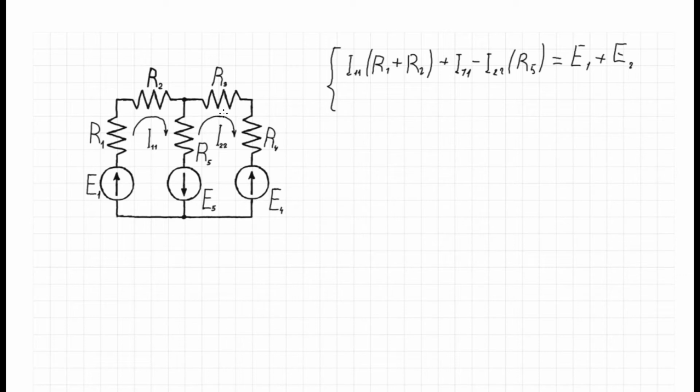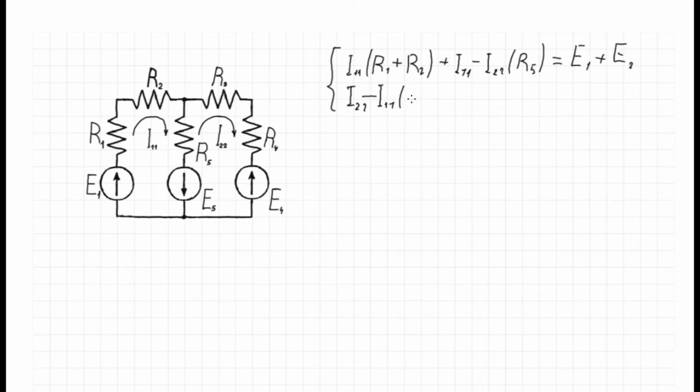I22 with plus sign because it matches the direction, and minus I11 because it goes against our direction.